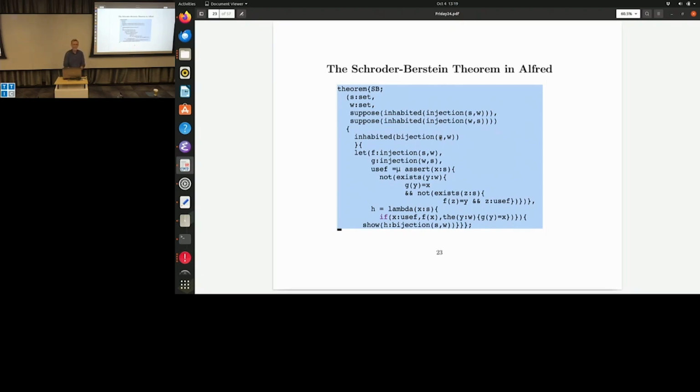I apologize for the drag. I have to give a demo, so I have to do all this stuff. Okay, so here's the proof. Let F be an injection from S to W. Let G be an injection from W to S. And now I'm going to write a recursive definition, the least fixed point recursive definition, of the subset of S where you have to use F. You can write this as a recursive definition.